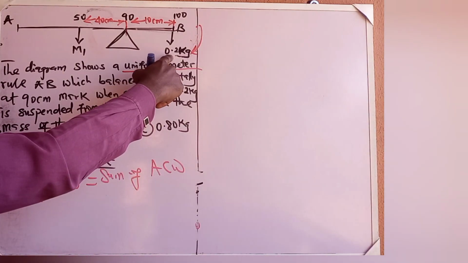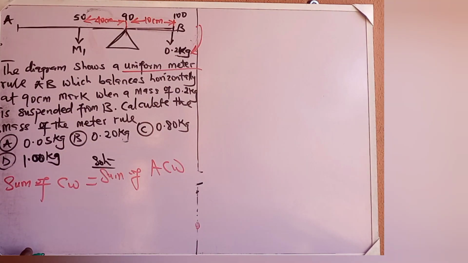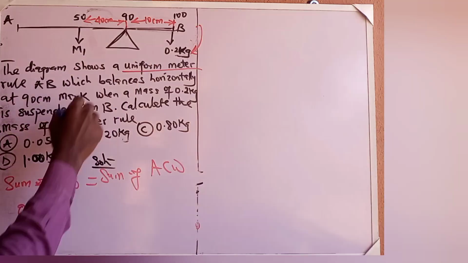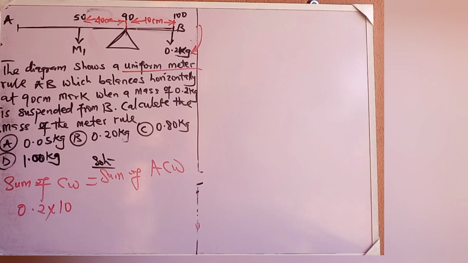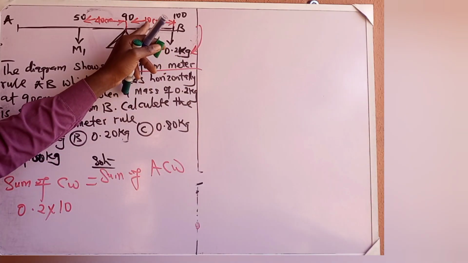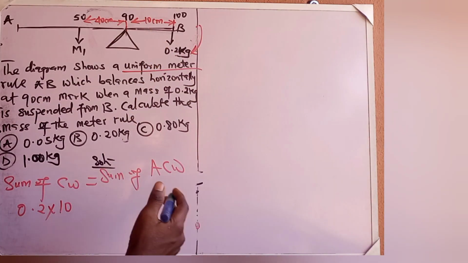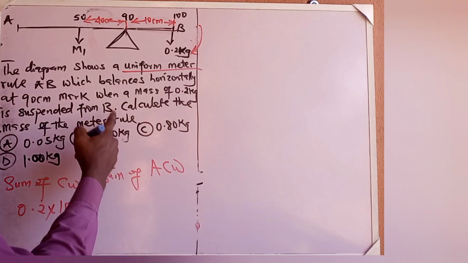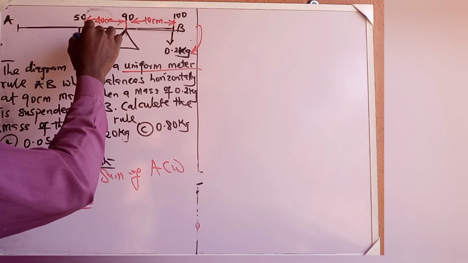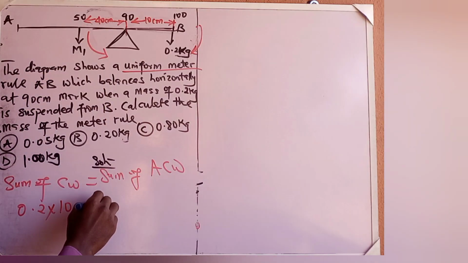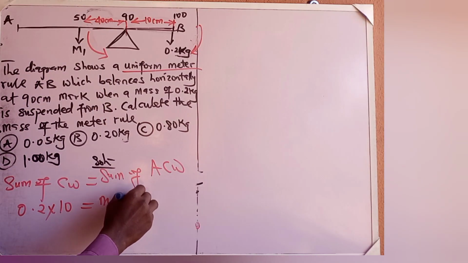This 0.2 kg produces clockwise moment, and the moment, as we know, is the product of force and perpendicular distance. So this is going to be 0.2 times 10. Now, there's no need converting this 0.2 kg to weight and converting this from cm to meters because it will still cancel out on both sides. So this will be equal to the anti-clockwise moment, which is M1 times 40.